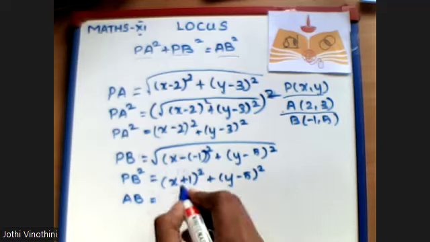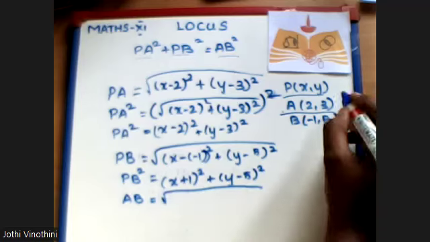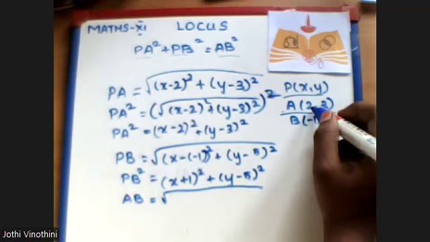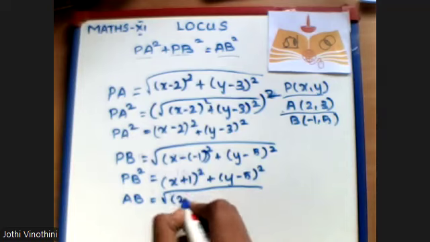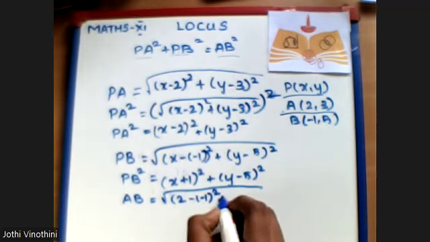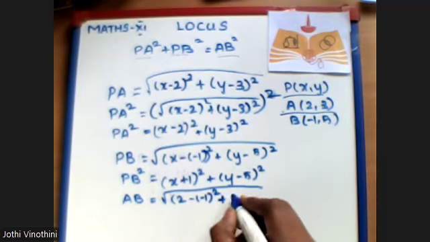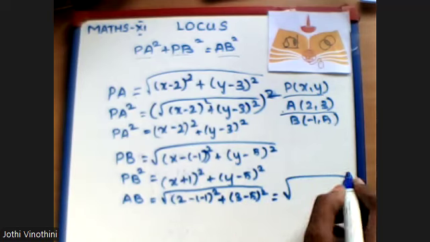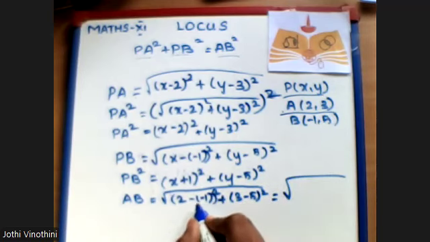AB equals square root of, I consider this one as x1, y1 and this one as x2, y2. Okay, square root of 2 minus of minus 1 the whole square plus 3 minus 5 the whole square, which is equals... 2 is there, minus of minus 1 will be plus 1.